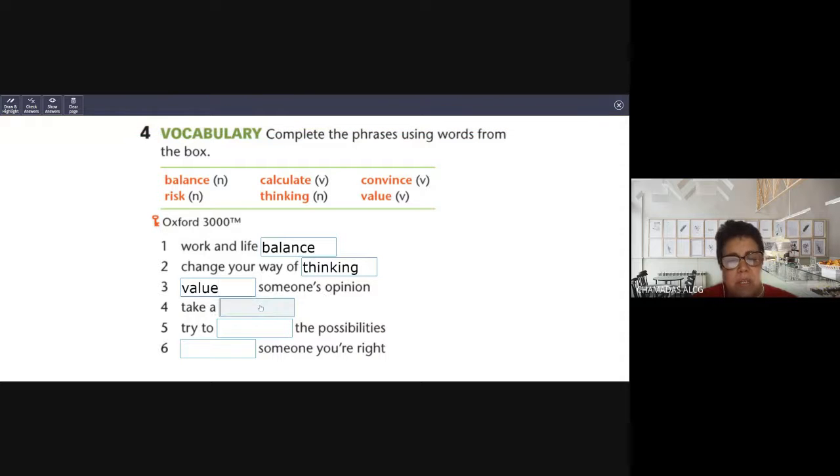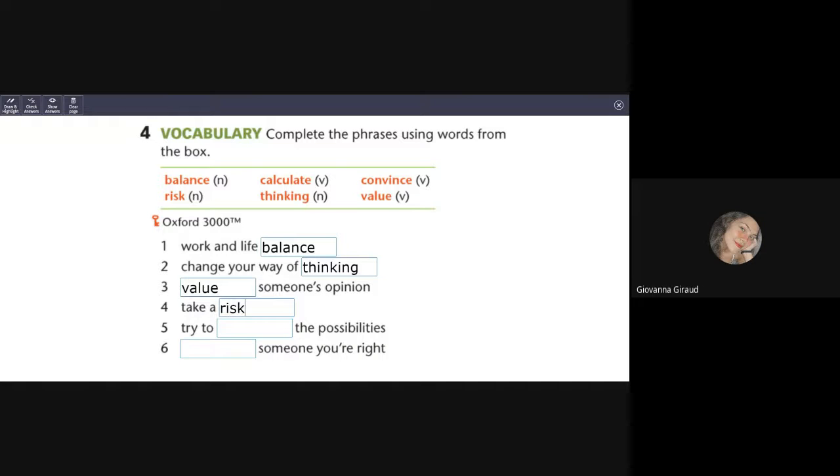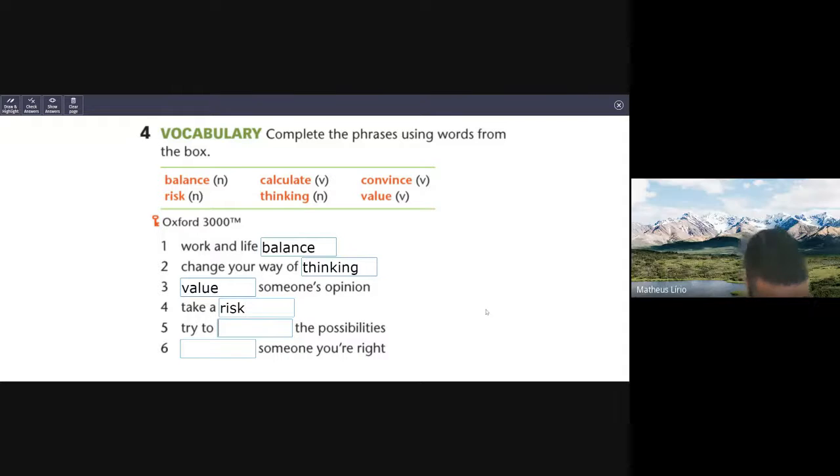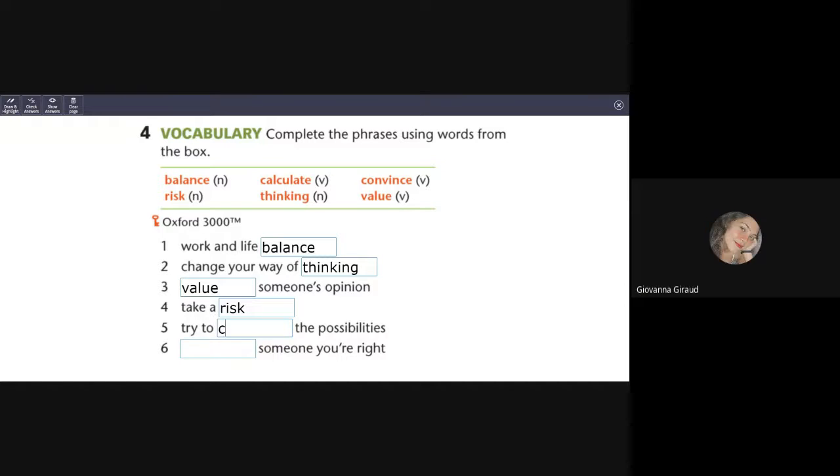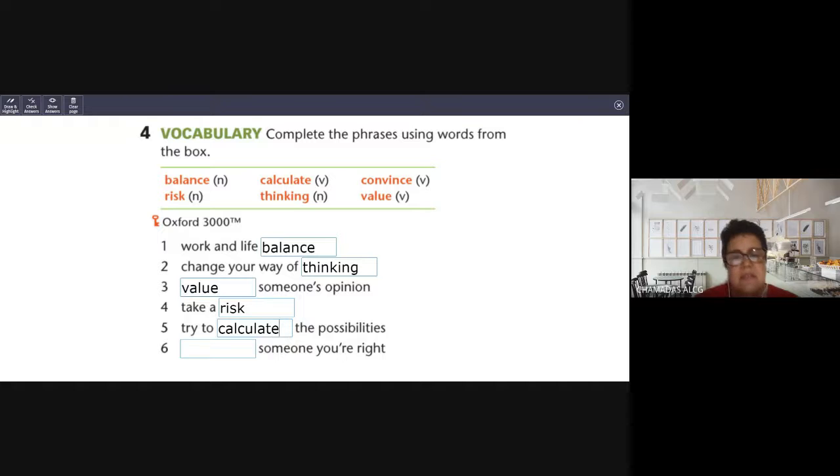Number 4, take a risk. Yep, take a risk. Number 5, try to calculate. Great. And finally, convince. Convince someone you're right.